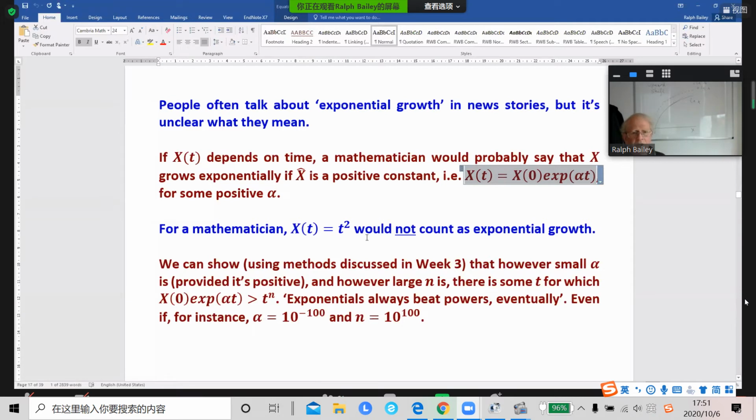There's actually a useful result which says that all exponential functions will eventually beat all power functions or polynomial functions.